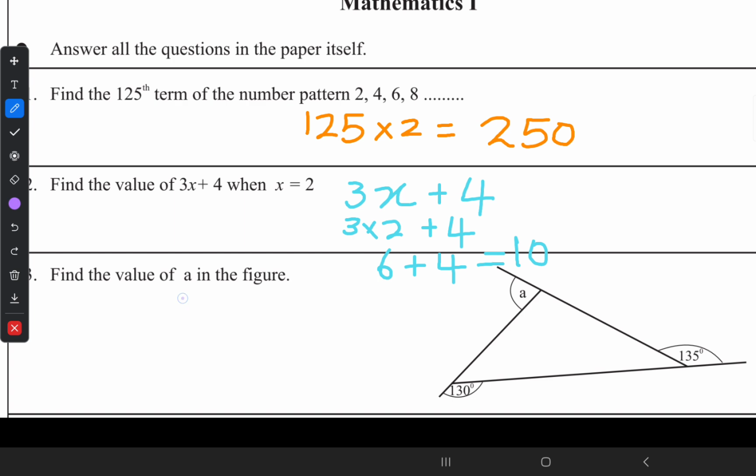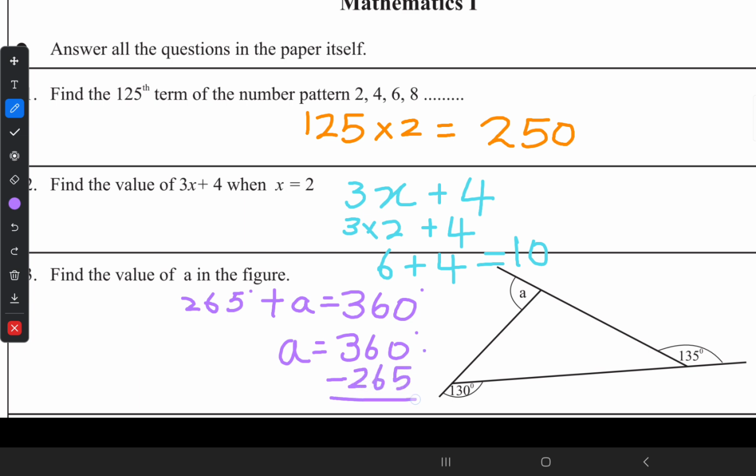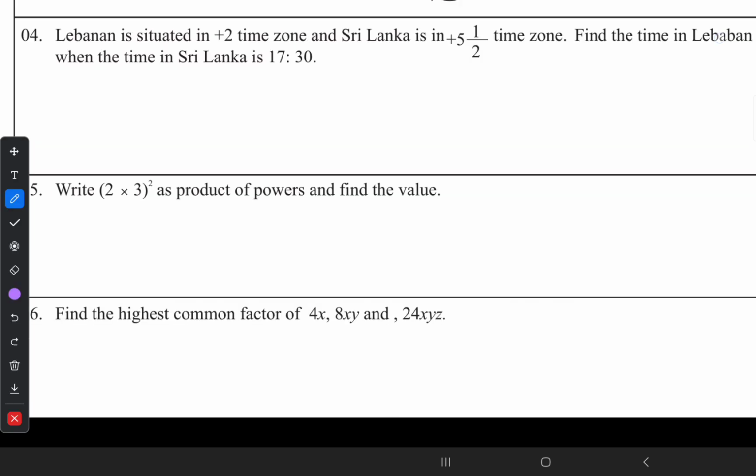When you add these two quantities, 265 plus A equals 360. Here we are talking about exterior angles. So A would be equal to 360 minus 265. So finally the answer for A would be 95 degrees. That's the way you should find your answer.